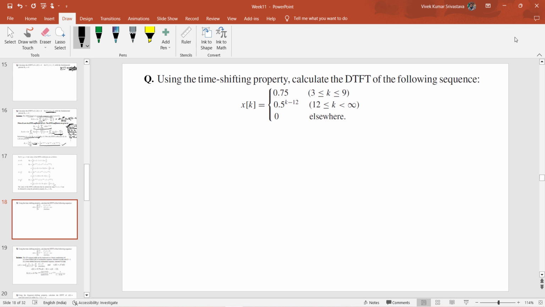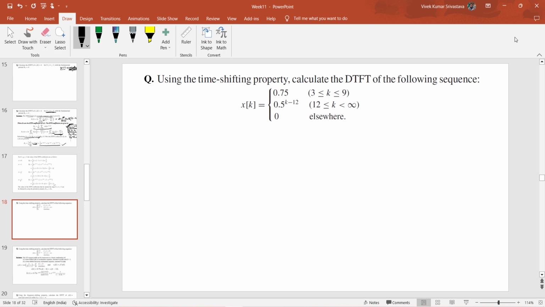So moving to the next problem. Here, using the time shifting property, we have to calculate the discrete time Fourier transform of the following sequence. Here x of k is defined as a linear combination of two different sequences which are defined for two different periods.